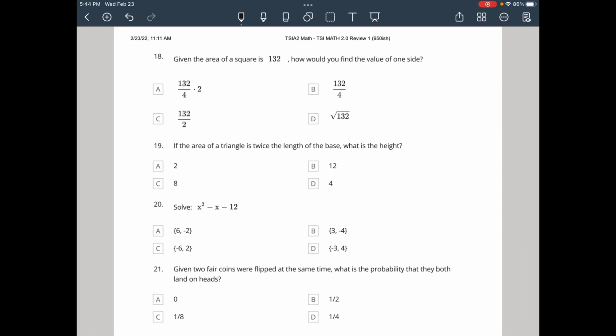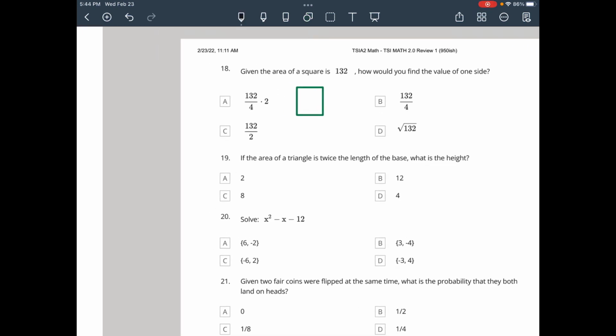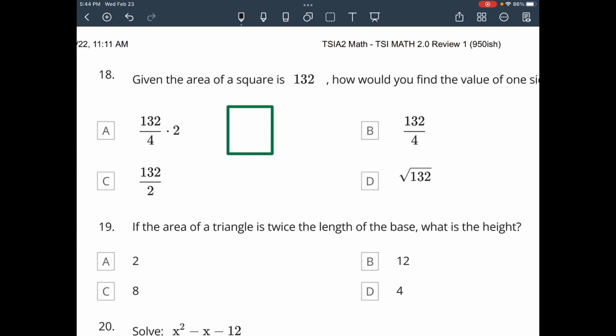Number 18. So we have a square. The area of this square is 132. How do you find the missing side? Remember we went over a question like this?